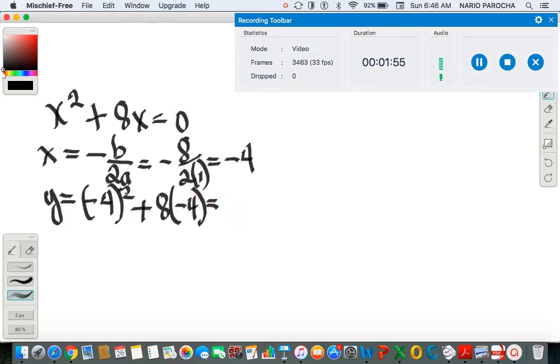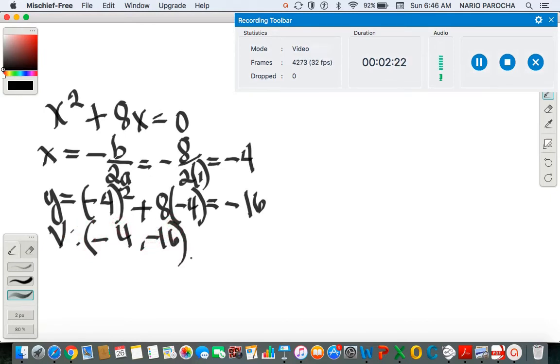This is positive 16, and this is negative 32. So y is equal to negative 16. Now I know the vertex of the parabola is negative 4, negative 16.